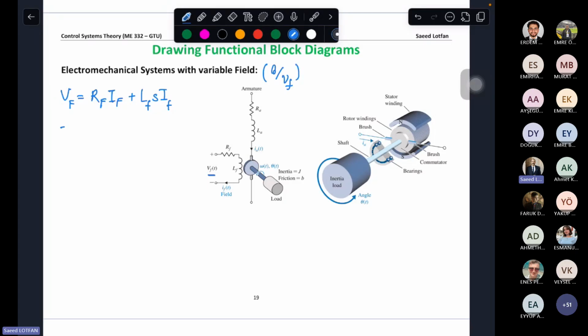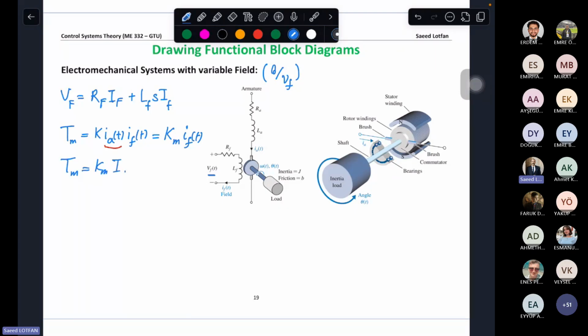In this case also, the torque is something like K times IA times IF, like the previous case, but this time IA is constant. So this relationship can be written as KM IF. In the frequency domain, I can write TM is KM IF.